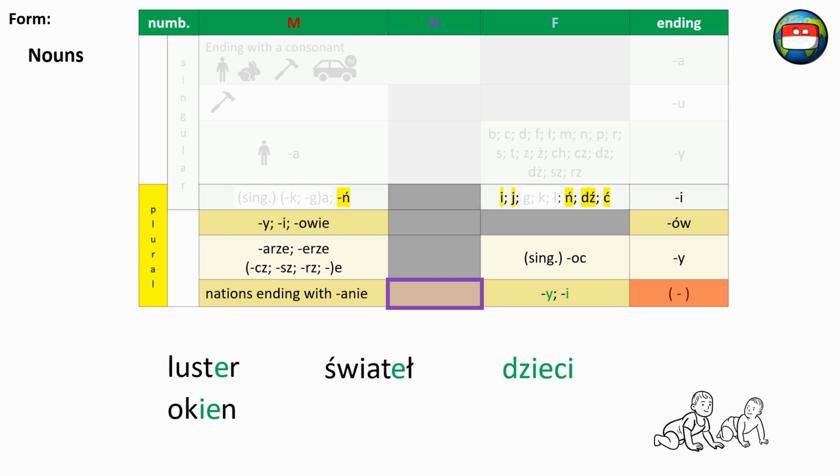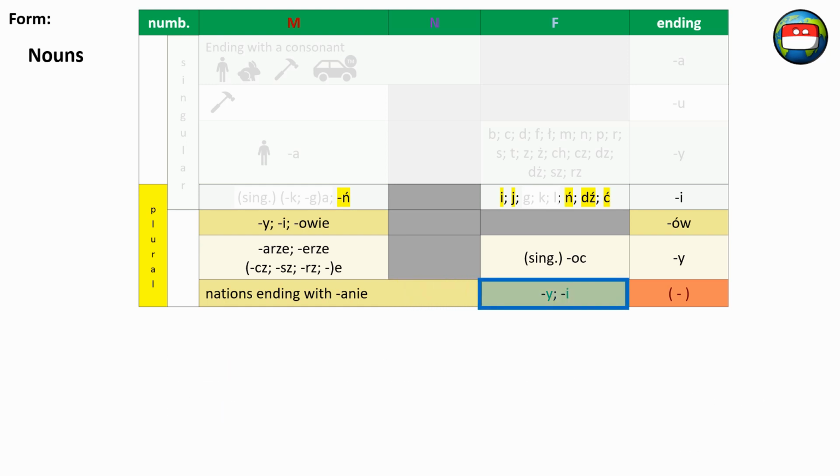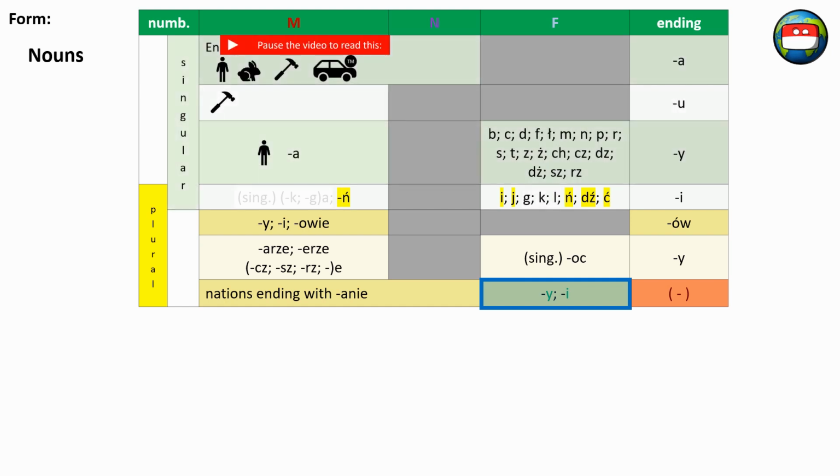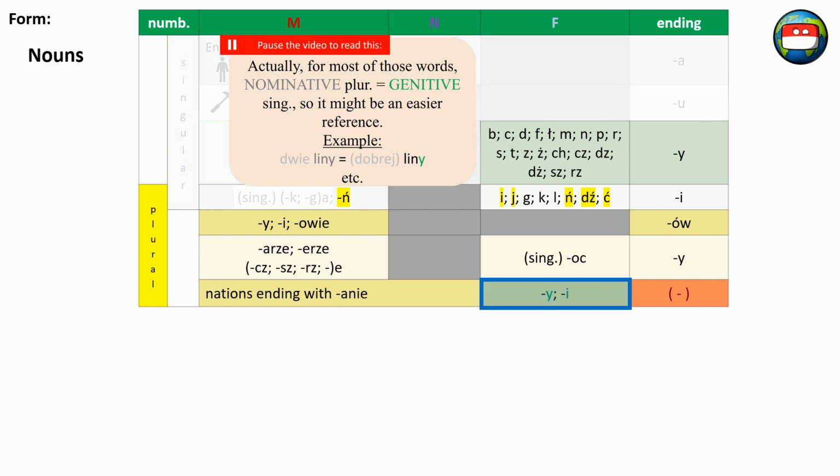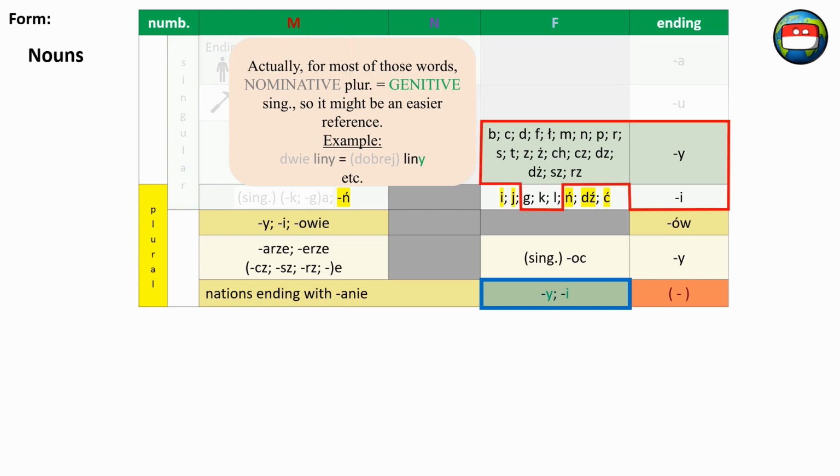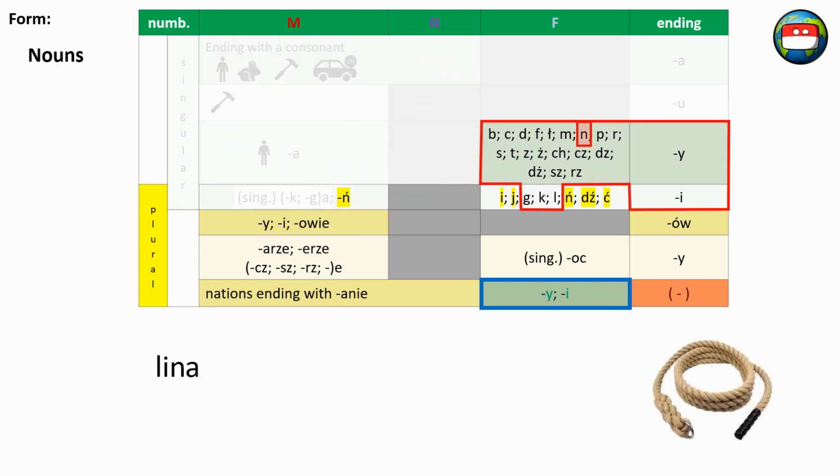The last group of words that drops sounds for genitive in plural will be the feminine gender nouns, which have the ending y and i in the genitive singular, and precisely the ones that belong to this category. For example, nominative singular, lina, singular genitive, liny, and the plural genitive, lin.